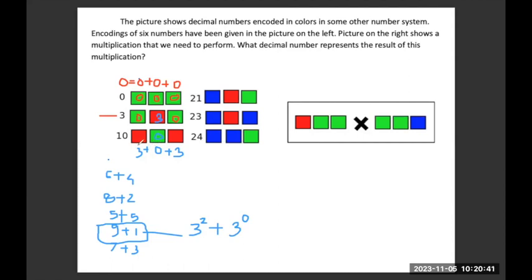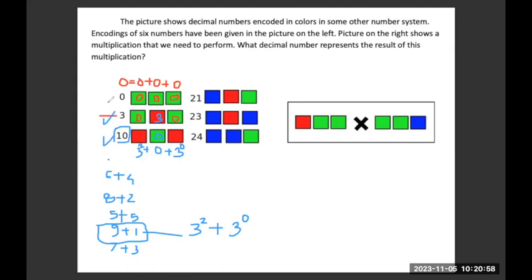So I say, okay, this is possible. So 3 raised to 2 here and 3 raised to 0 will come here. So 9 plus 0 plus 3 raised to 0 will be 10. So this condition is getting also satisfied here.